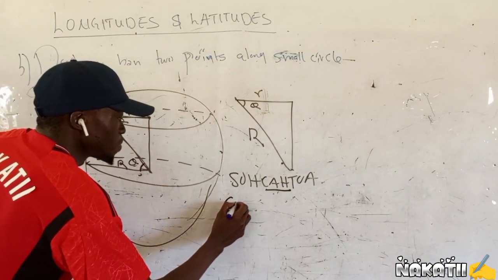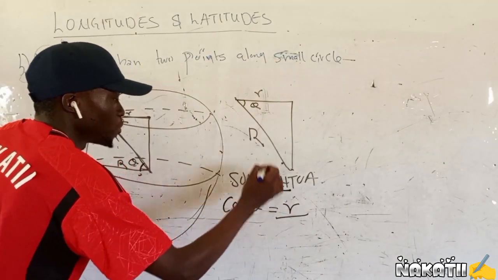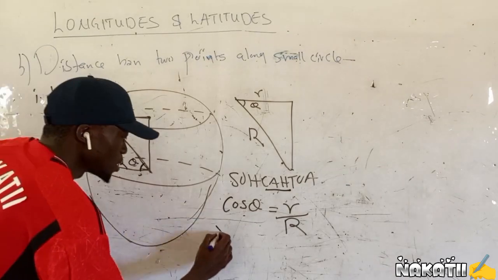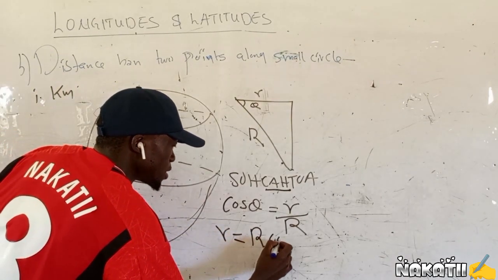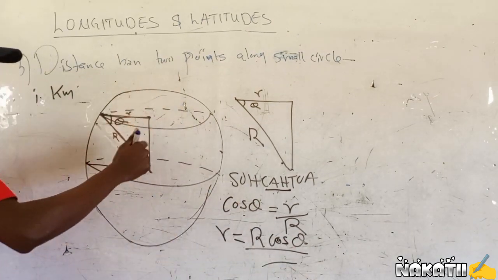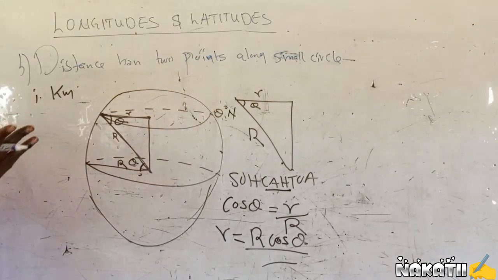Hence, we're going to say cos theta is equals to adjacent, which is small r, divided by hypotenuse, which is R. And therefore, to get small r, which is the radius of the latitude, will be equals to R cos theta, where theta is the latitude angle. It is theta degrees north.